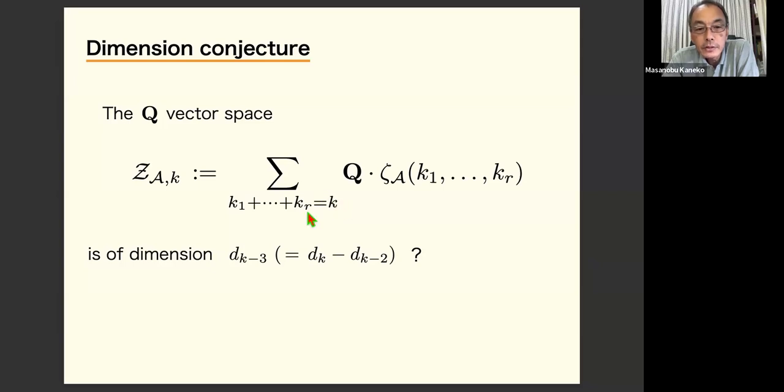So k is fixed, r varies, k_i varies. And his conjecture is that this has dimension given by the same sequence, the Padovan sequence. But in this case, not d_k, but d_{k-3}, which, by the recursion, is equal to d_{k-2}.